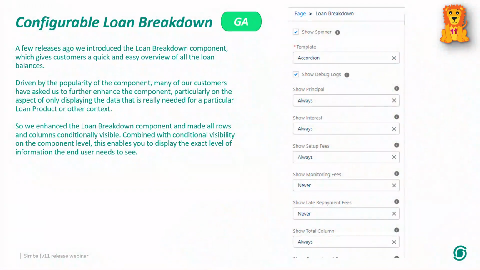Let's have a look at the configurable loan breakdown. A few releases ago, we introduced the loan breakdown component, which gives customers a quick and easy overview of all the loan balances. Driven by the popularity of the component, many of our customers have asked us to further enhance the component, particularly on the aspect of only displaying the data that is really needed for a particular loan product or other context.